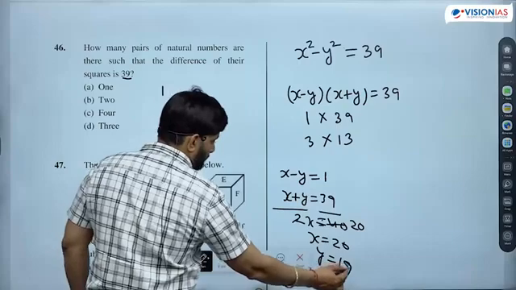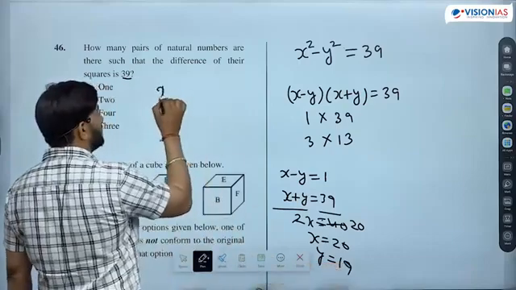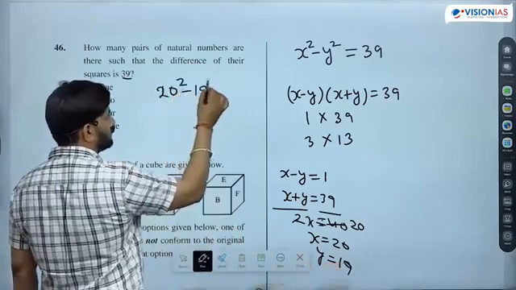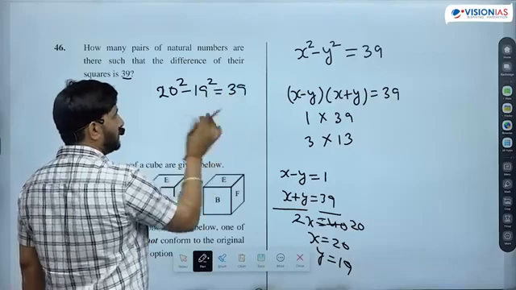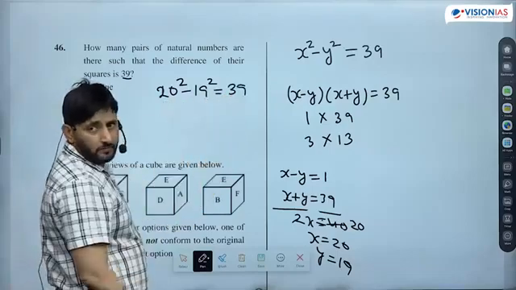You can check 20 square minus 19 square, that is equal to 39. 20 into 19 into 20 plus 19.